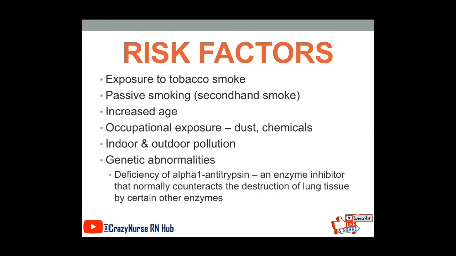Also, genetic abnormalities can predispose you to chronic pulmonary disease, such as deficiency of alpha-1 antitrypsin. It is an enzyme inhibitor that normally counteracts the destruction of lung tissue by certain other enzymes.